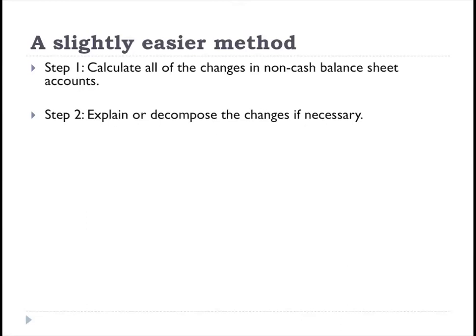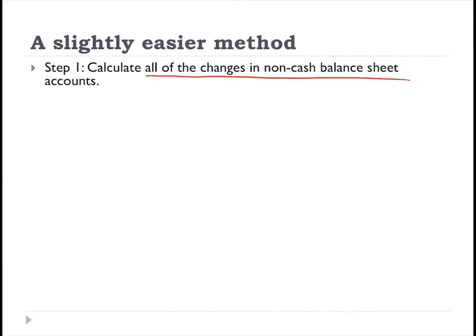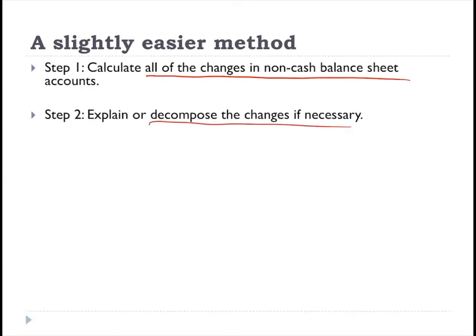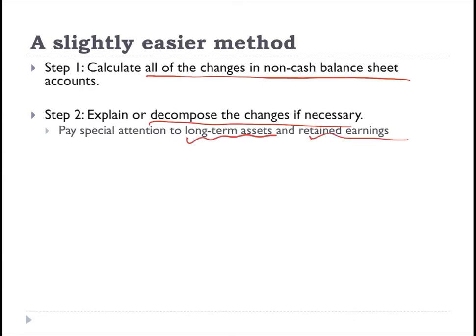So what is the slightly easier method? We can summarize it into several steps. First step, calculate all of the change in non-cash balance sheet accounts. The second step, explain or decompose the change. Usually the accounts we need to decompose are long-term assets and retained earnings.